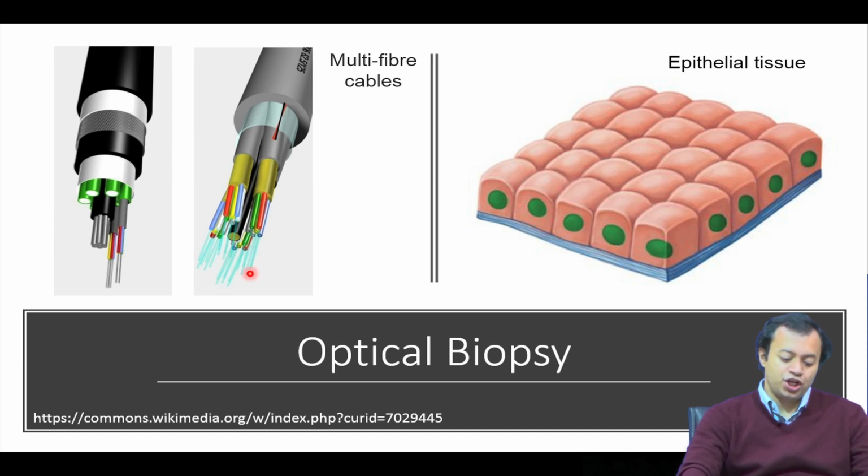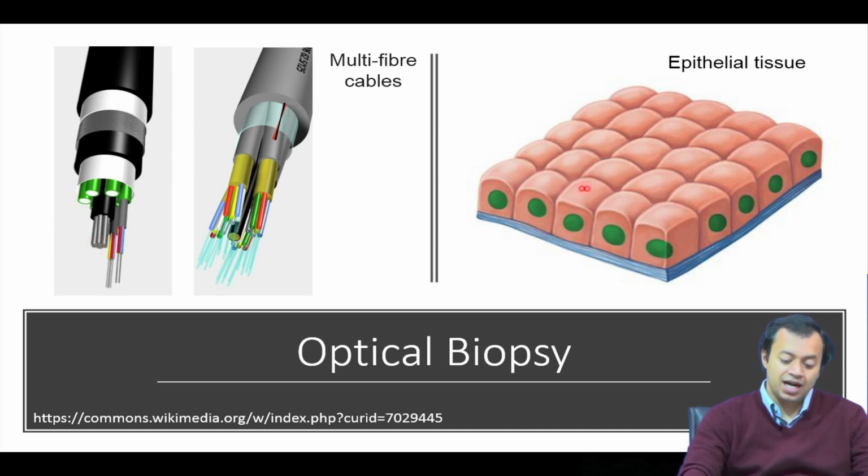You can put different lasers, of different frequencies, passing through different tubes, and some of them might not be sending any laser per se, some of them are just to receive. You put this thing on top of the epithelial tissue, you excite some part of the epithelial tissue with some specific laser, different frequency, different energy, different intensity, and this will be there to calculate the scattered or reflected light.